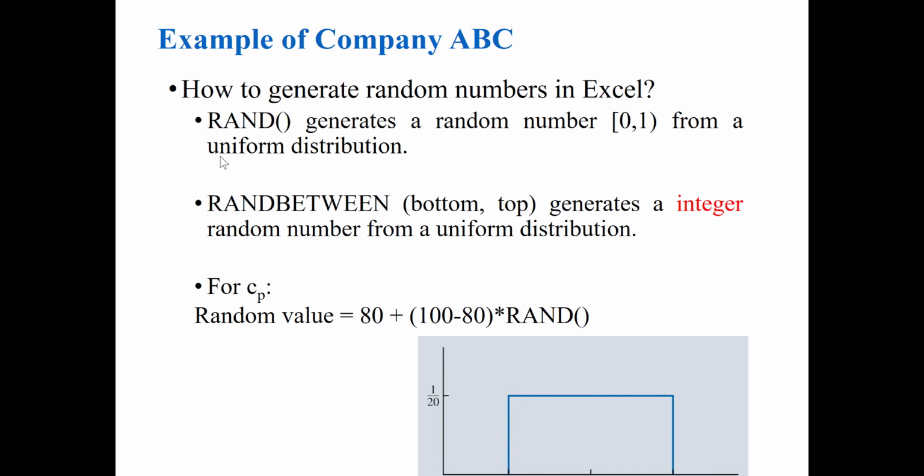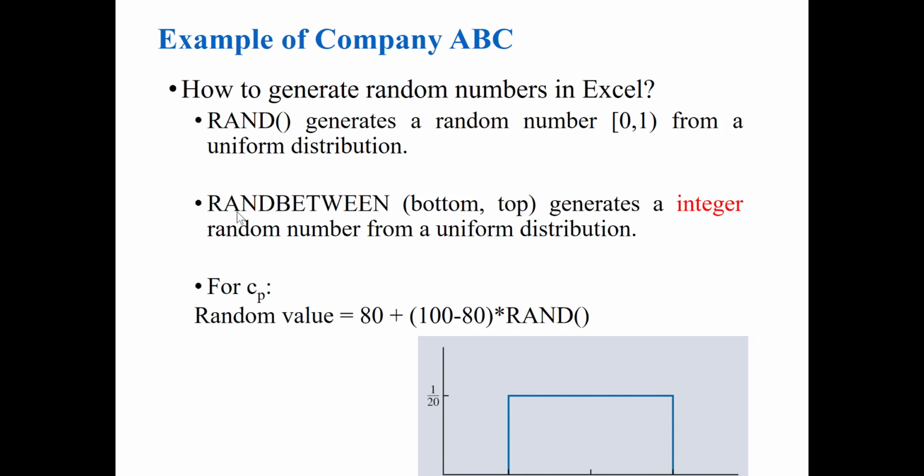Another function that we can use in Excel is RANDBETWEEN. This generates an integer number between the bottom and top numbers, let's say 20 and 50, and then you are going to get an integer value from this function.